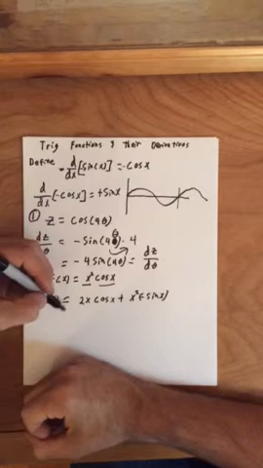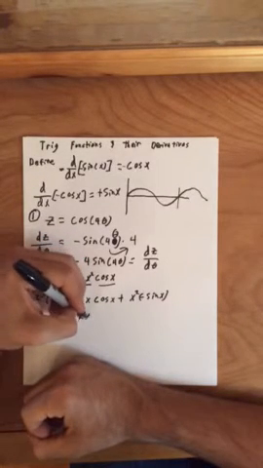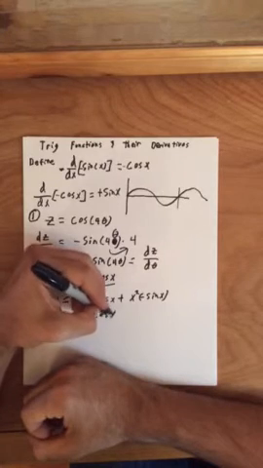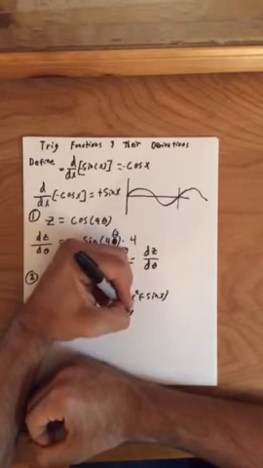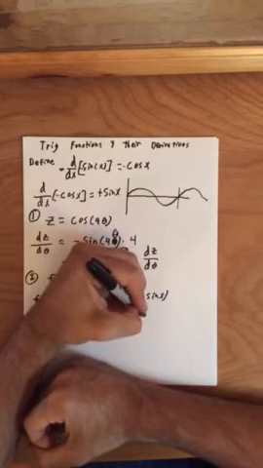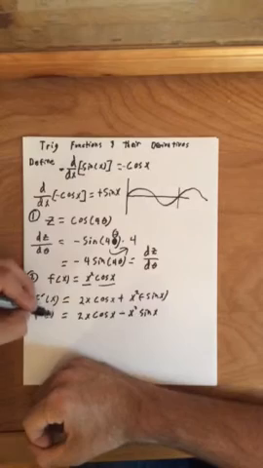Alright, so let's clean that up a little bit. We have 2x cosine x minus, I'm pulling out the negative here, x squared sine x, and that's our answer for f prime.